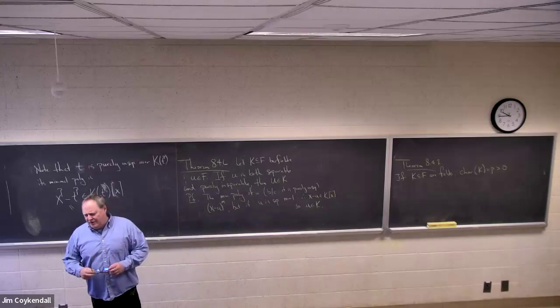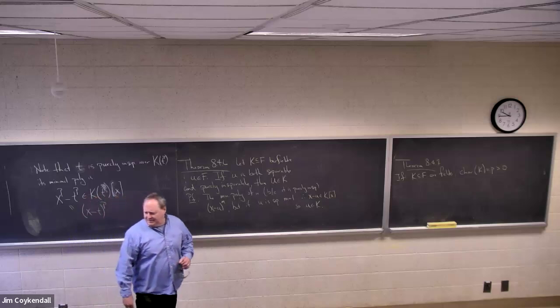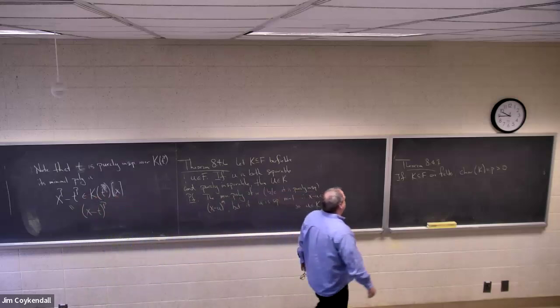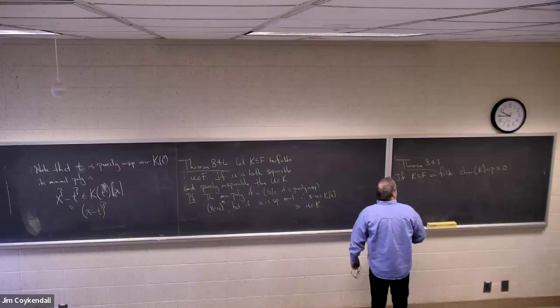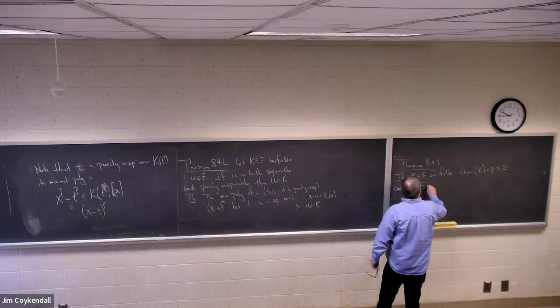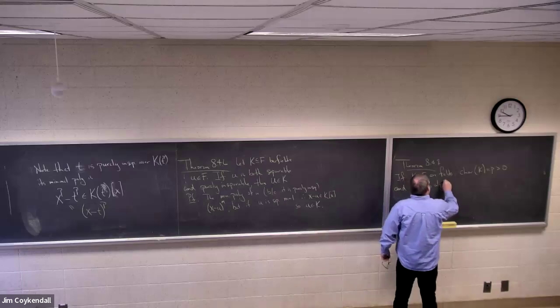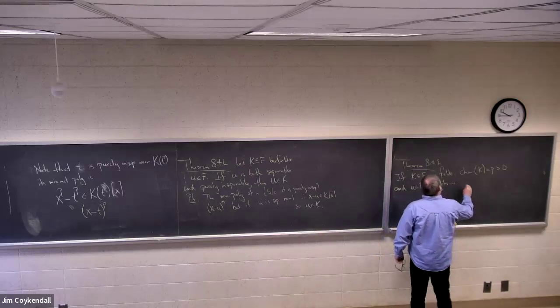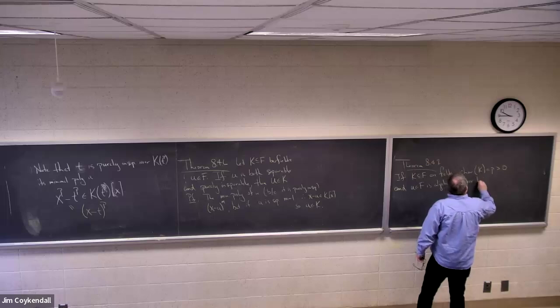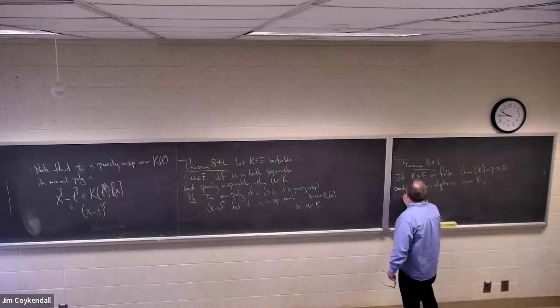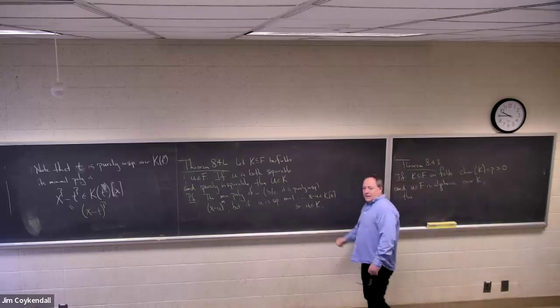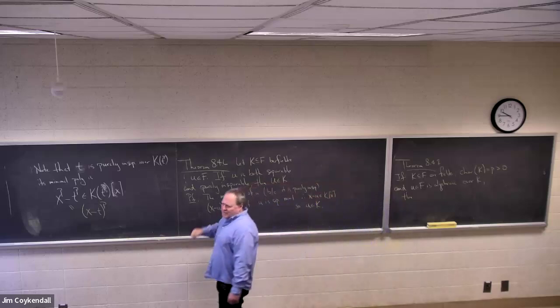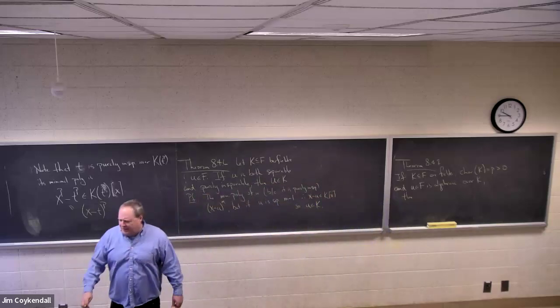If u is algebraic over K, you may not be separable.